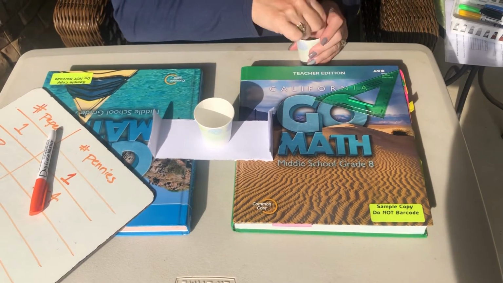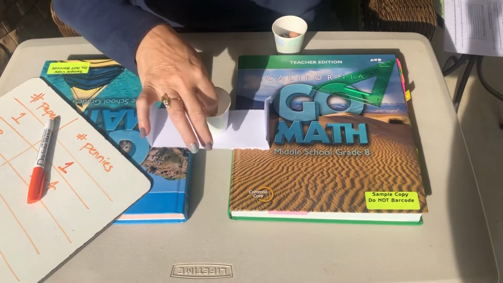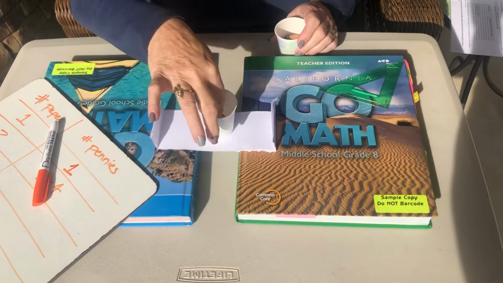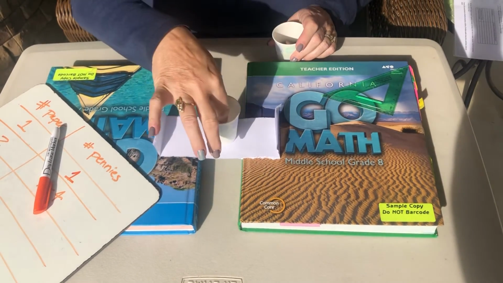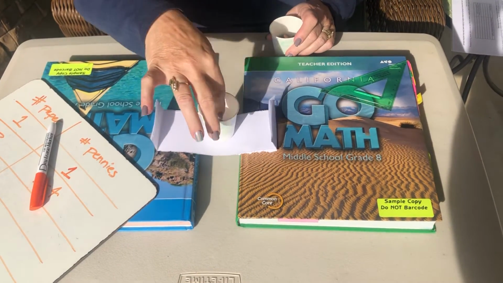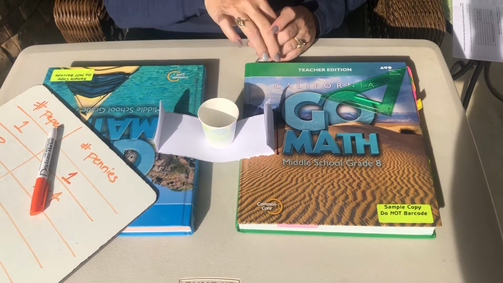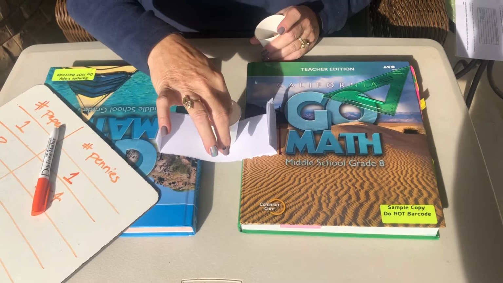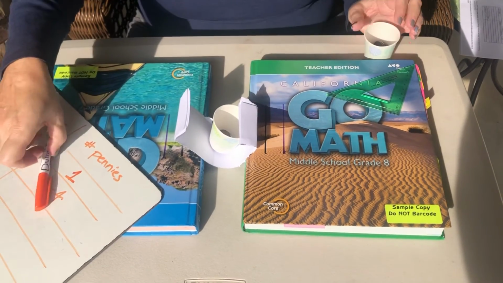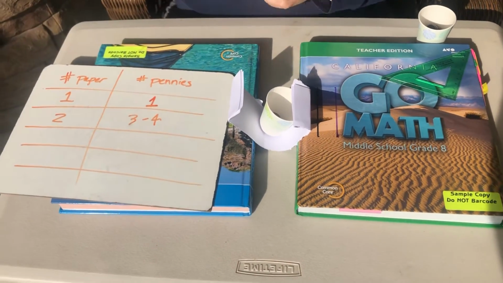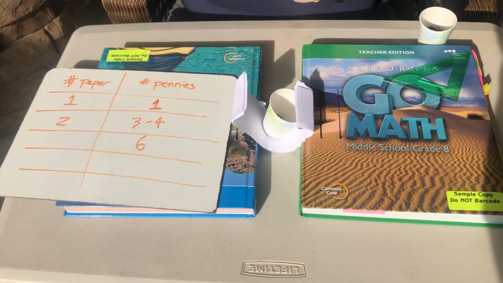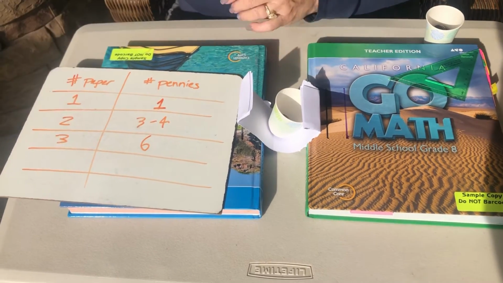We're going to start adding our pennies once again. So here we go. 1 penny, 2 pennies, 3 pennies, 4 pennies, okay, we're still going. 5 pennies and 6 pennies. It took 6 pennies, and that was at 3 pieces of paper.